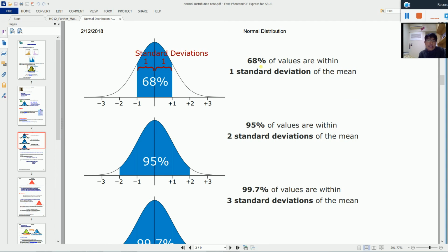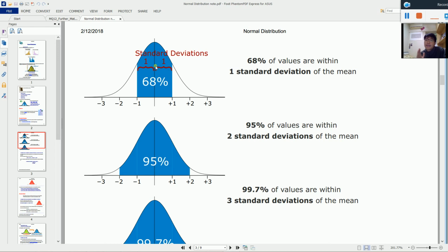So what that means is, if you have a bell curve, 68% of all the entries, so if you have 100 surveys, 68 surveys would be between -1 and the mean, then to +1 standard deviation.